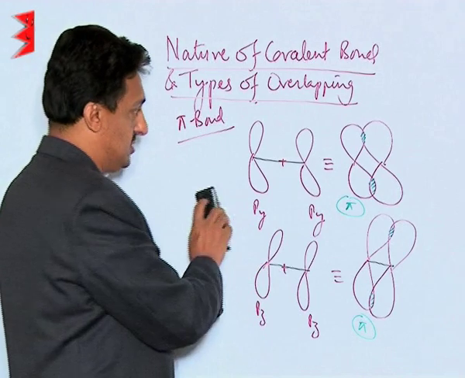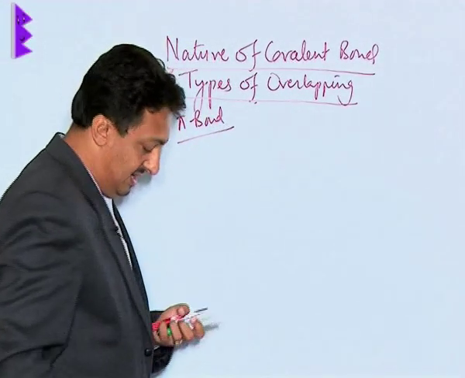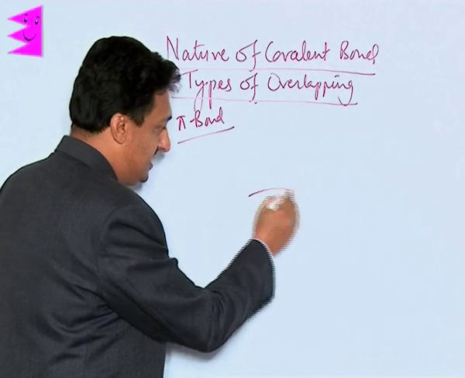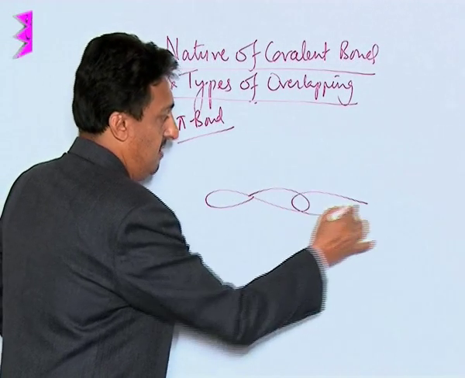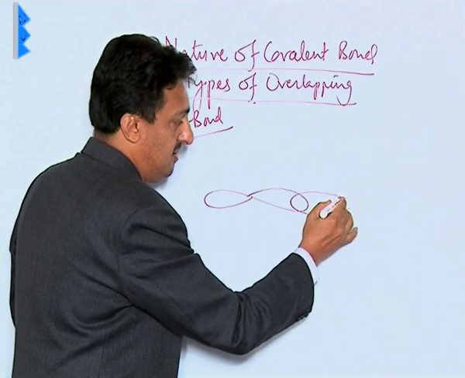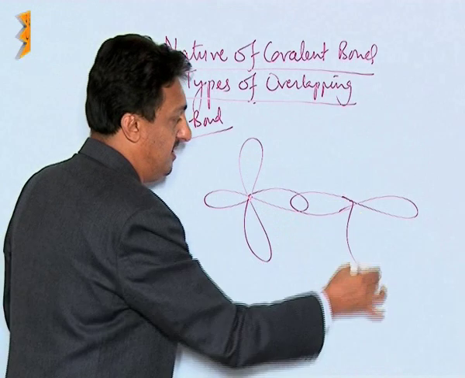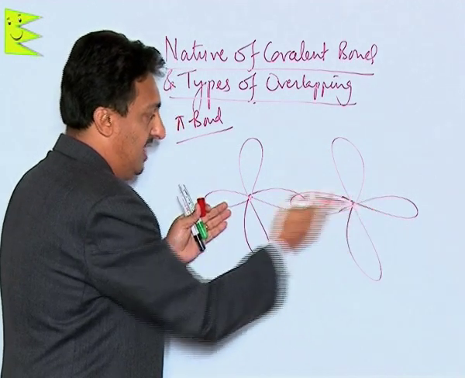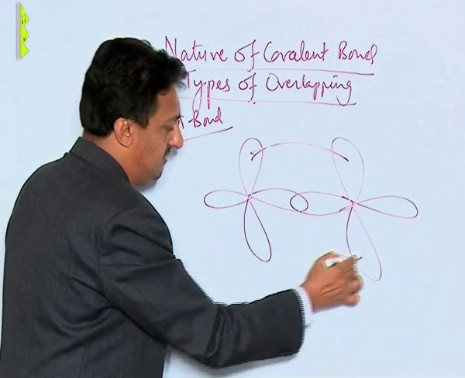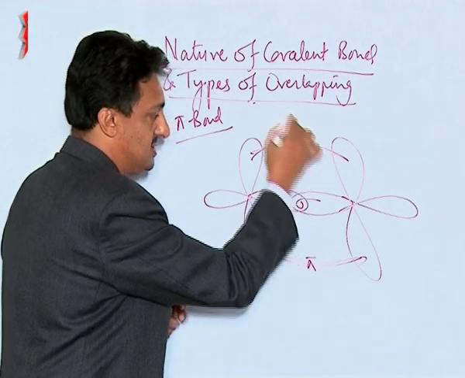Again, the most important thing to remember is that the sigma bond is always formed first, and because of its formation, the atomic orbitals py and pz come very close to each other, and their sideway overlapping takes place. So this is a normal sigma bond and this is a pi bond.